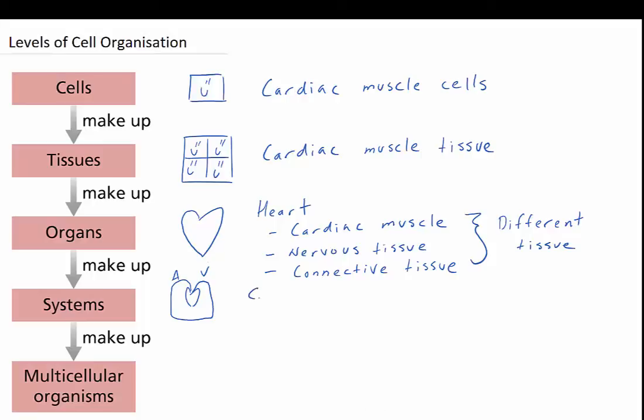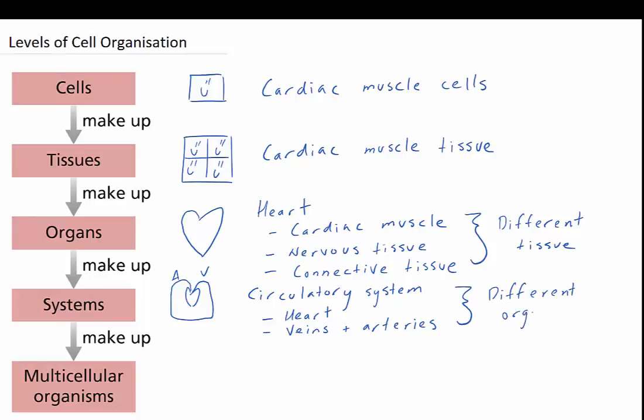And in this particular case, it is the circulatory system, which is comprised of the heart, veins, and arteries. So whenever you get different organs working together to perform a function, you end up with a system, in this case the circulatory system.